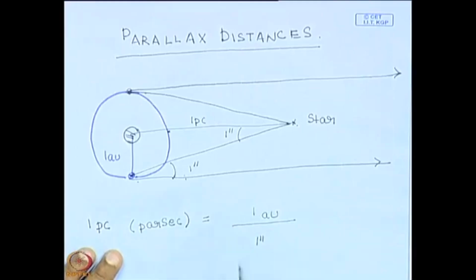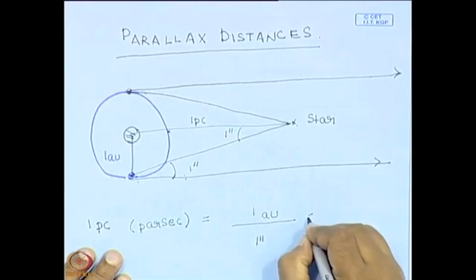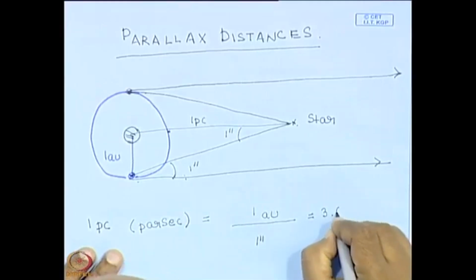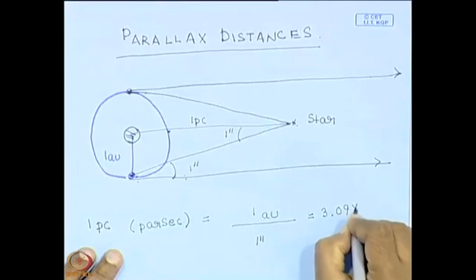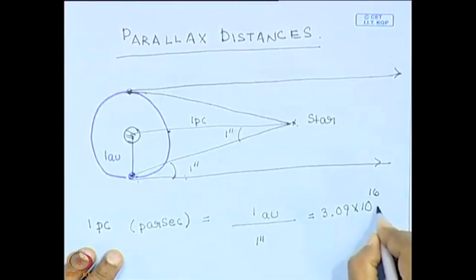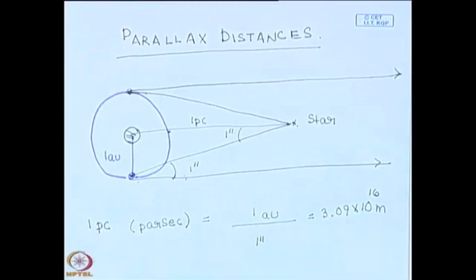I leave this as an exercise for you, a rather straightforward exercise. If you do it, you will find that this comes out to be 3.09 times 10 to the power 16 meters.